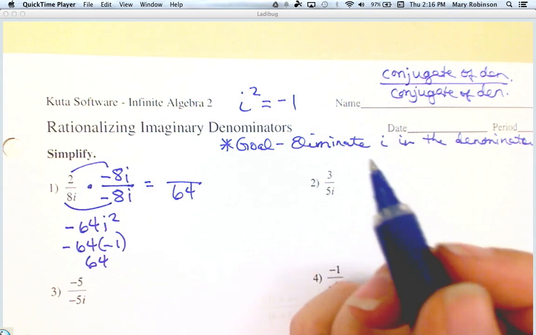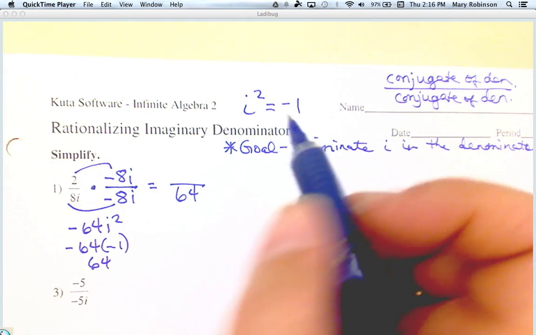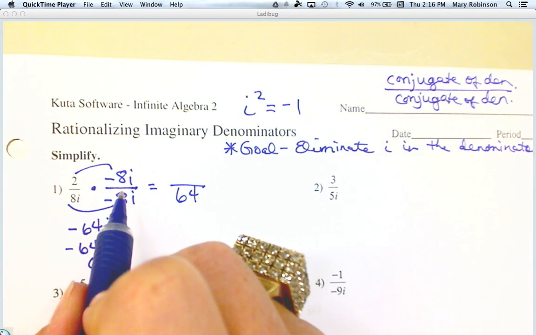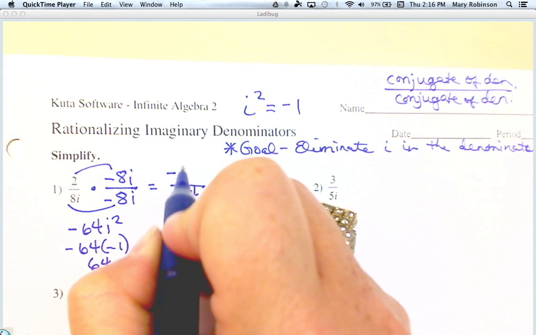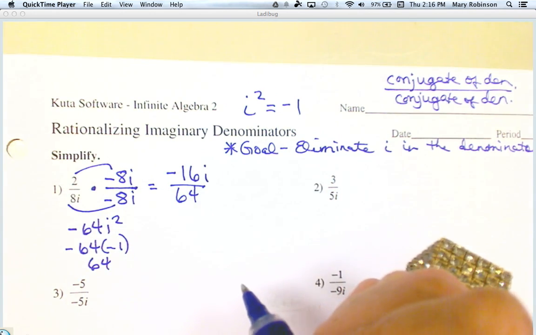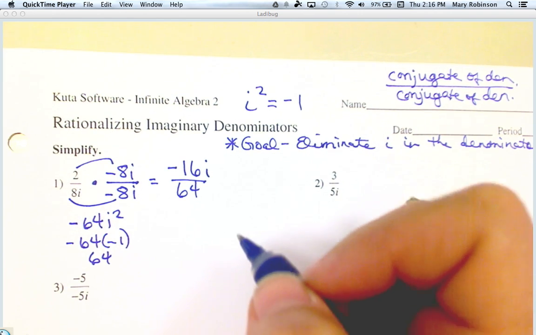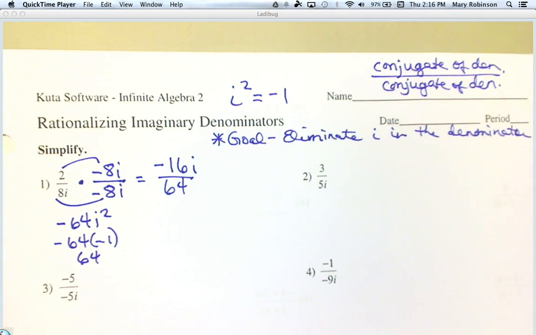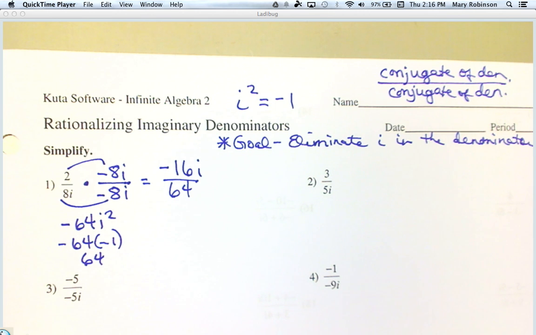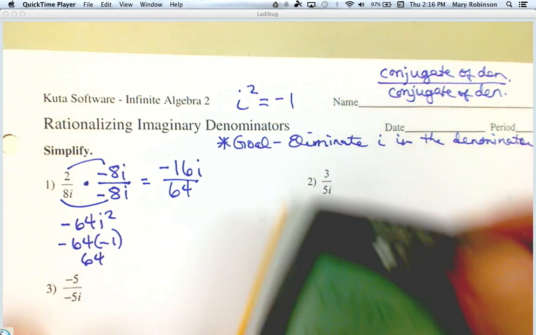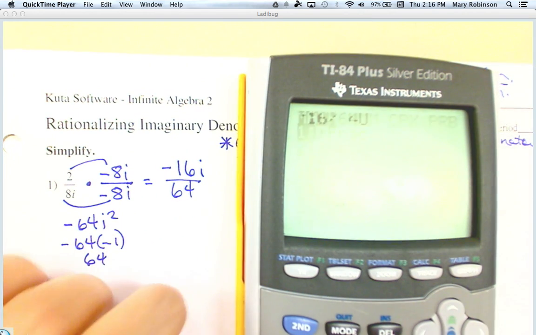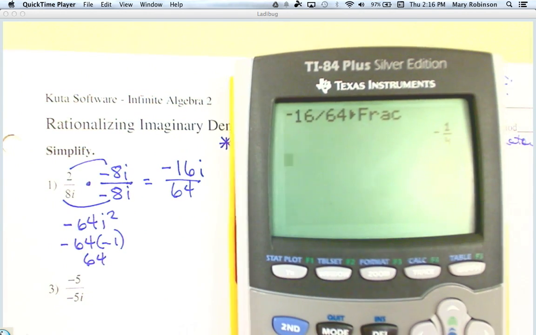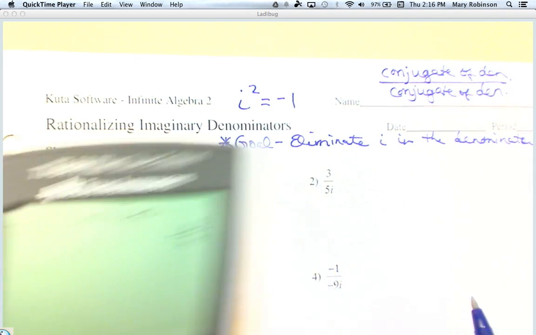To finish the problem, we simply multiply the numerators together. They do not have to be like terms in order to multiply. So 2 times -8 gives us -16i. Now, if you can reduce the fraction, you certainly should. You can type in -16 divided by 64 in your calculator, math, enter, and we can convert it and get -1/4.